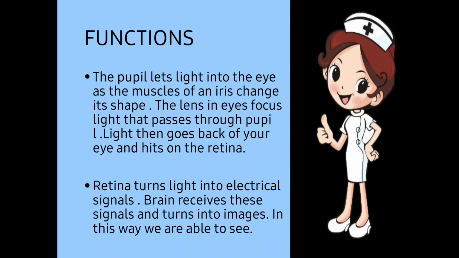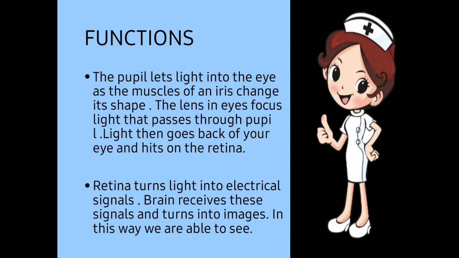At the retina, the macula and fovea are present, where the image is formed. So the light signals are turned into electrical signals with the help of the retina. The brain receives these electrical signals and turns them into images. In this way we are able to see.